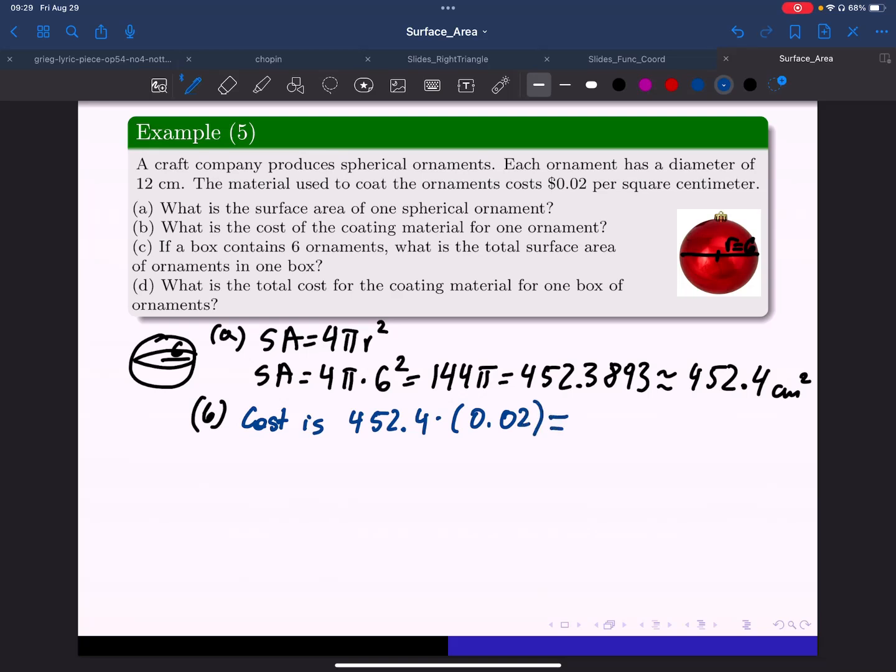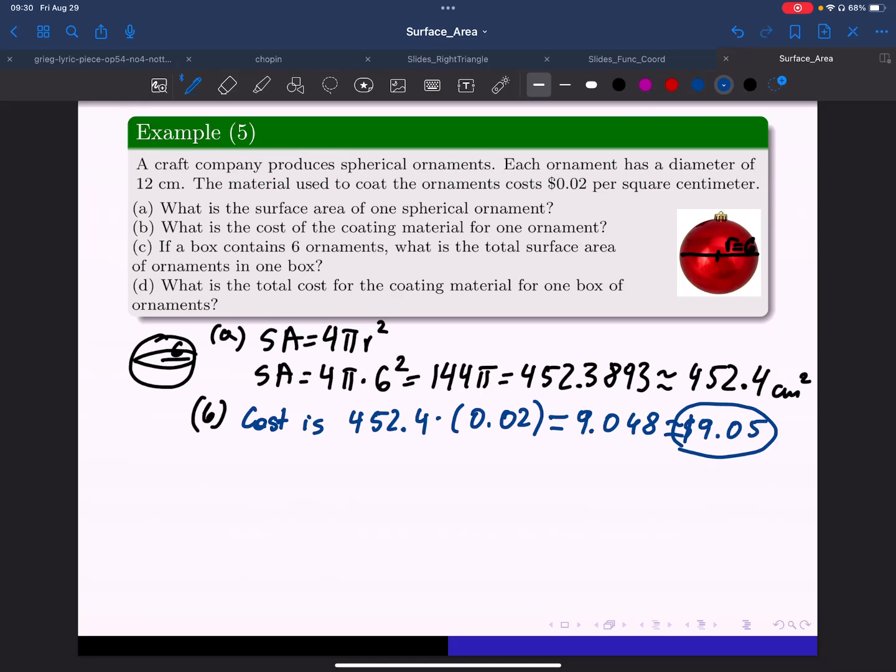And in that case, we're getting 9.048, which is approximately $9.05. As before, we're trying to round it to whole cents, so to 2 decimal places. We look at the next digit, which is 8. If the next digit is 5 or more, we increase it by 1. So this is the cost of one ornament.